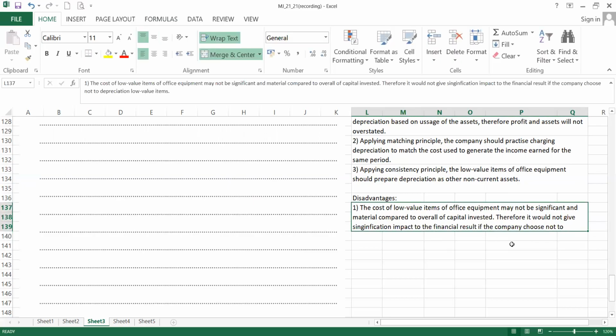So this is the explanation. It's not significant to the overall result.